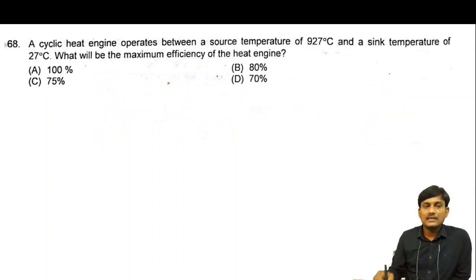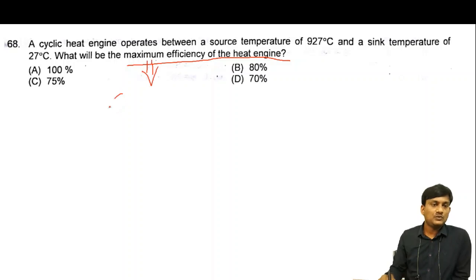A cyclic heat engine operates between a source temperature of 927 degrees centigrade and a sink temperature of 27 degrees centigrade. What will be the maximum efficiency of the heat engine? Maximum efficiency you will get in a Carnot engine.